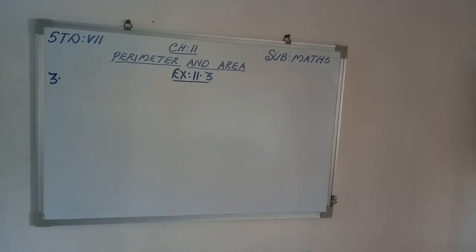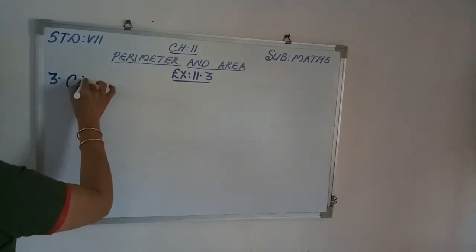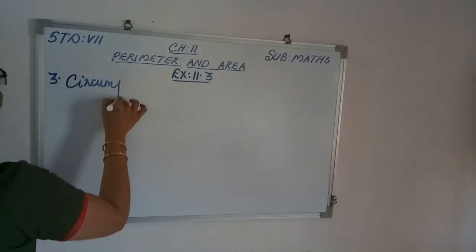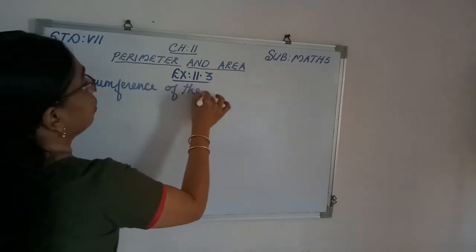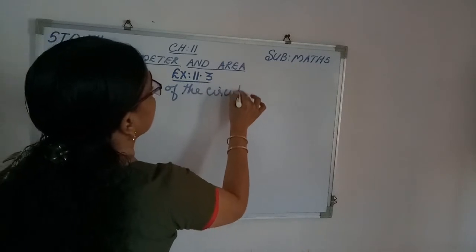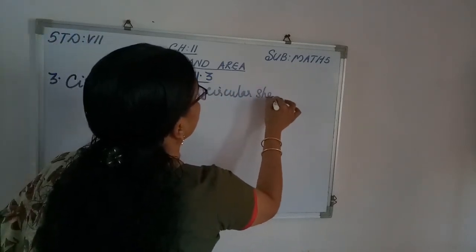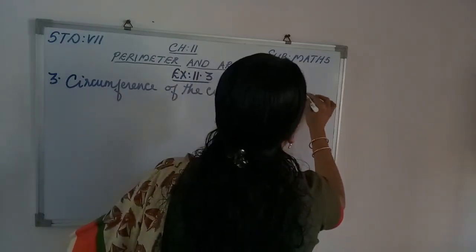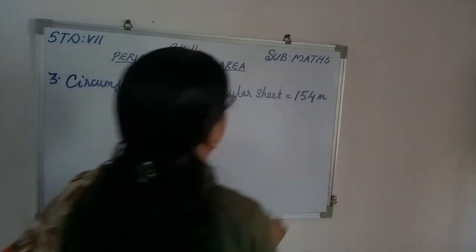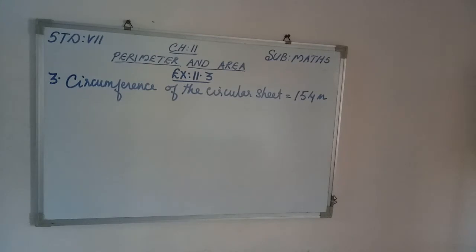So first you write circumference of the circular sheet given as 154 meter. So we know that circumference is 2 pi r.